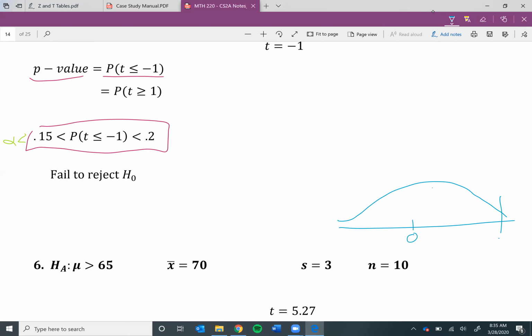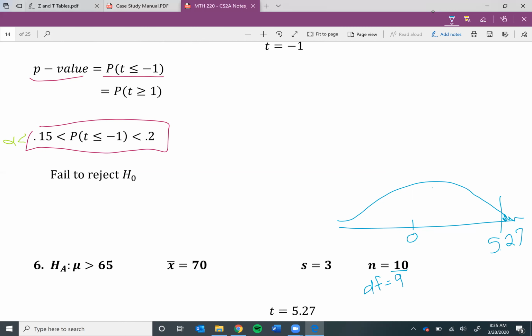We're way up here at 5.27, okay? And we want the area that's greater than 5.27. So n is 10, degrees of freedom is gonna be 9.